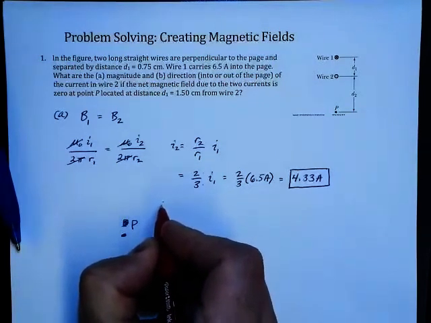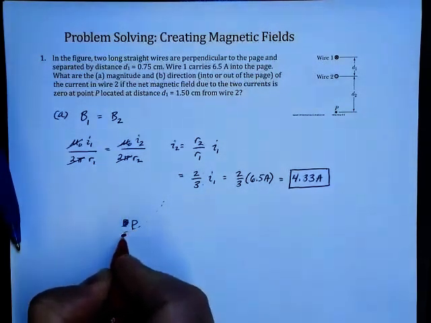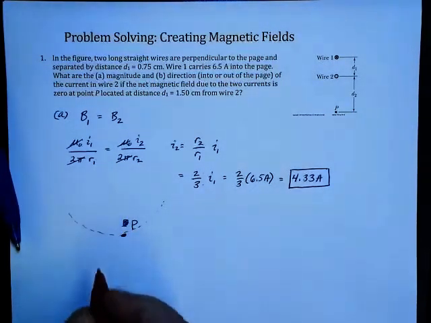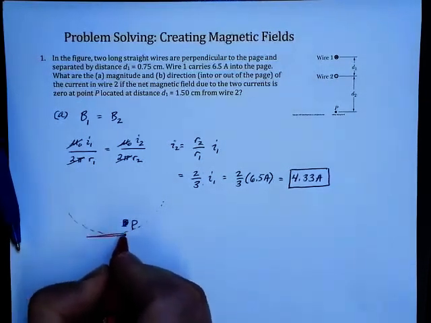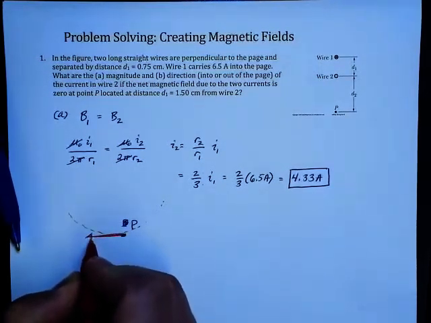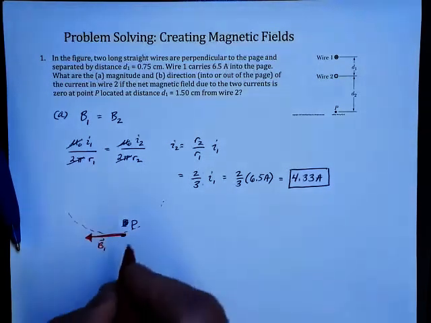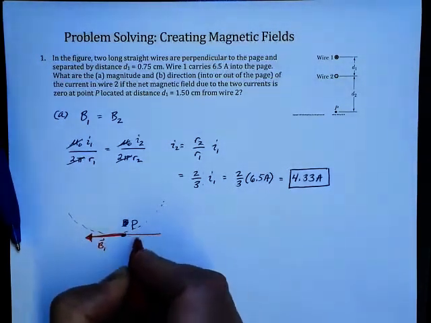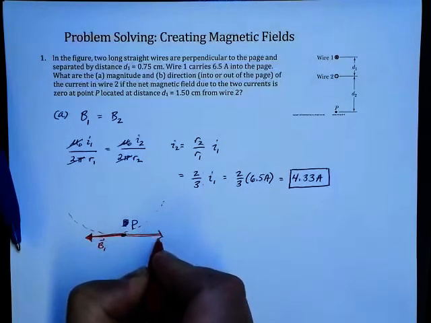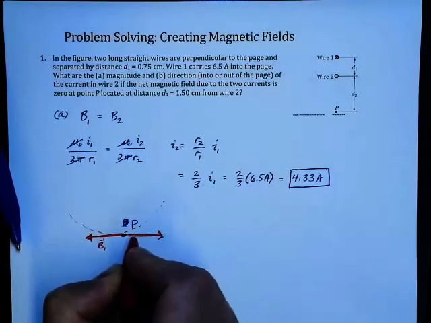That means down here at point P, below where wire 1 is, the magnetic field from wire 1 points to the left. And that means to cancel out, I need the magnetic field from wire 2 to point to the right.